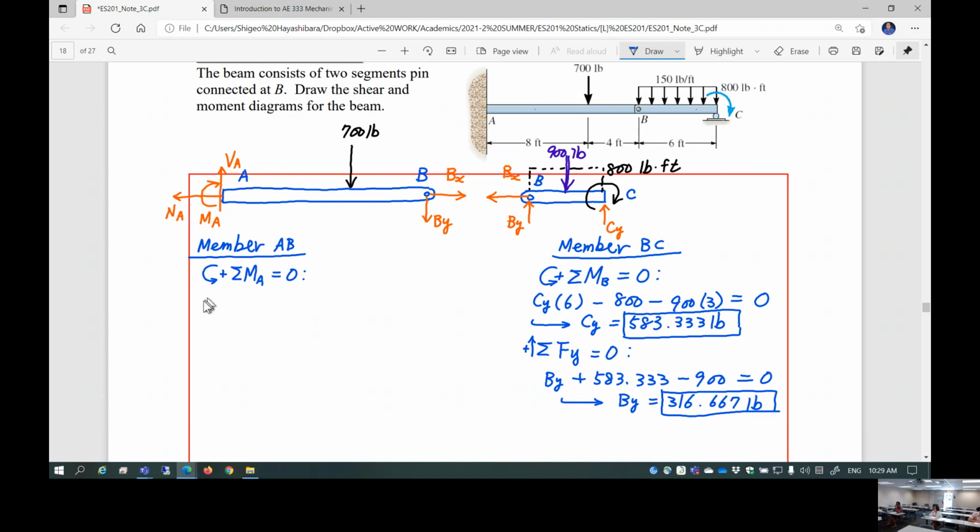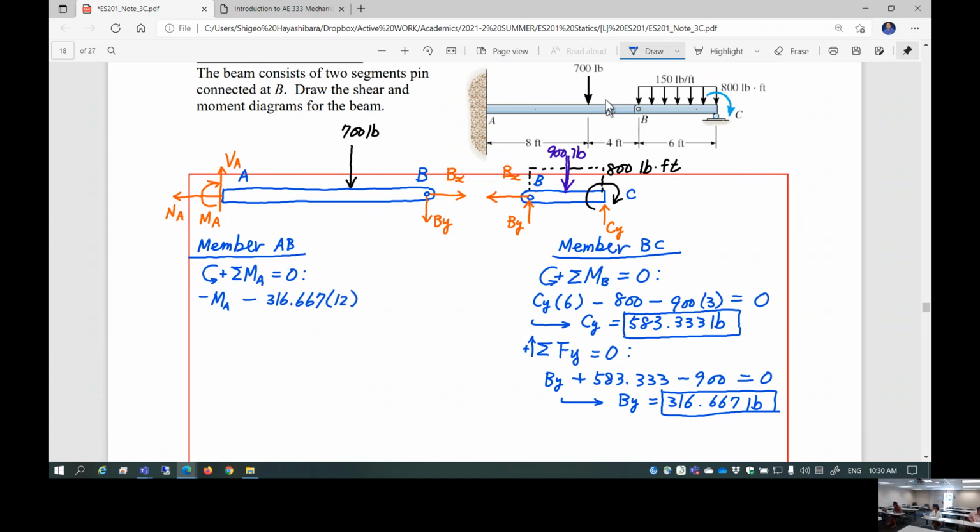So this is going to be minus Ma minus By, which is 316.667 times this distance is, what is it? This distance, 8 plus 4, 12, right? 12 feet.